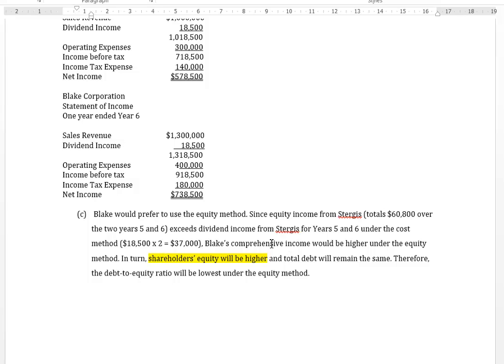So in turn, when your comprehensive income is higher under the equity method, then don't forget, comprehensive income goes where? It goes to your AOCI. AOCI is on the balance sheet in the equity section. So you've got to remember what we talked about in your earlier accounting courses, well, at least 2 of them. Any OCI you had goes into AOCI.